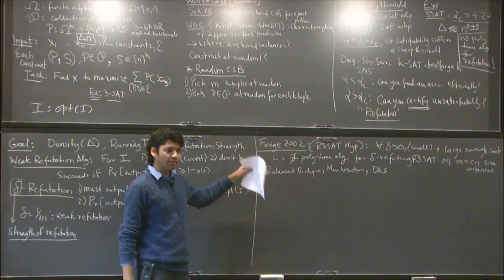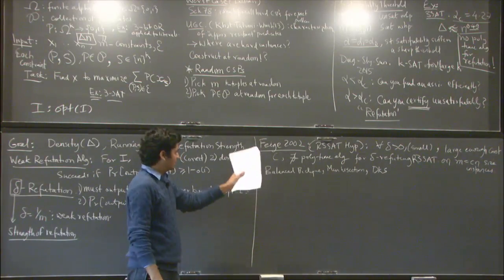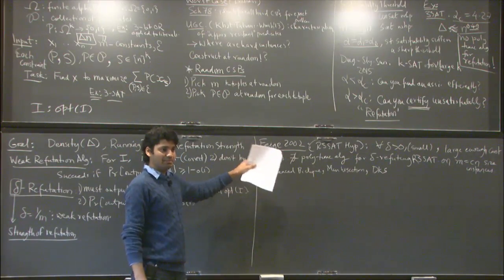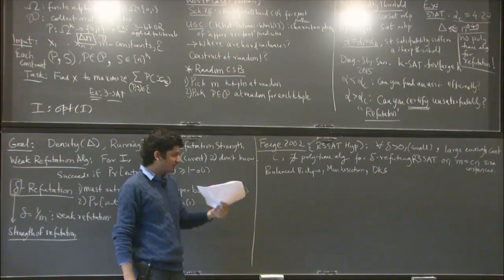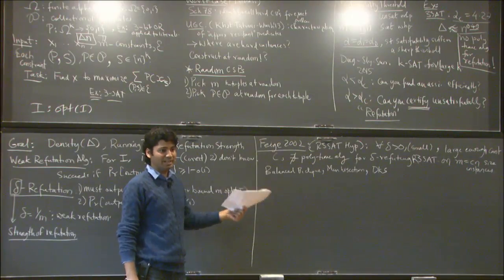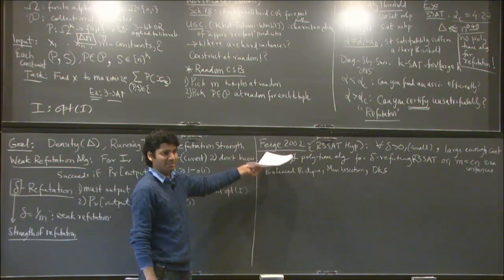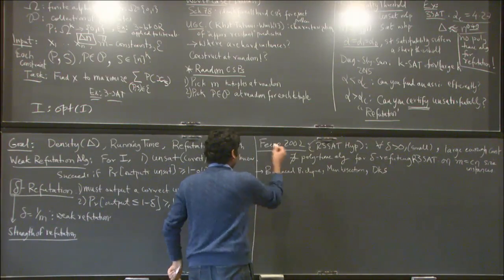Some of these were later recovered using some non-standard PCP machinery too, but the PCP-based results which recovered some of these are much more complicated than what you get just by making this conjecture. Okay, so that's what Feige did.